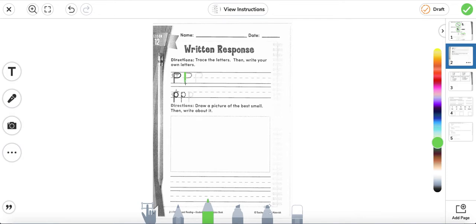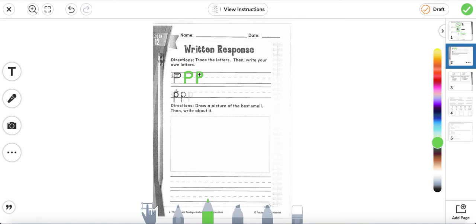Okay, to trace the letter P, we start at the top, we go all the way down, and then you're going to go around right there. Let's try it again. You start at the top, and this is the capital P, the uppercase P. You always start at the top, you go down, then you go around.